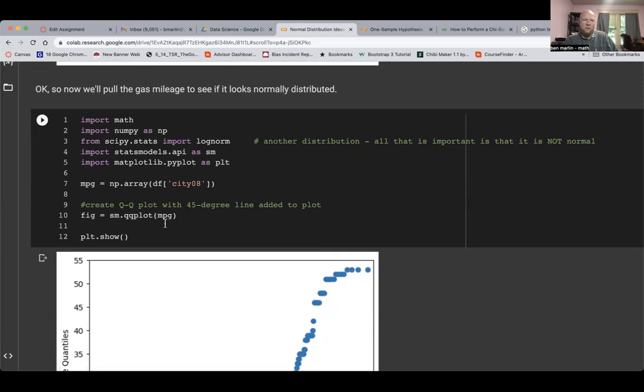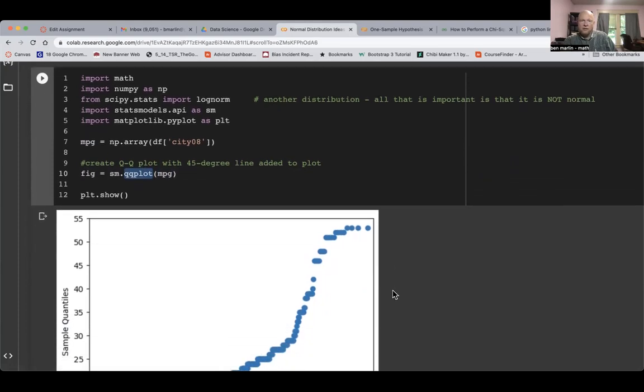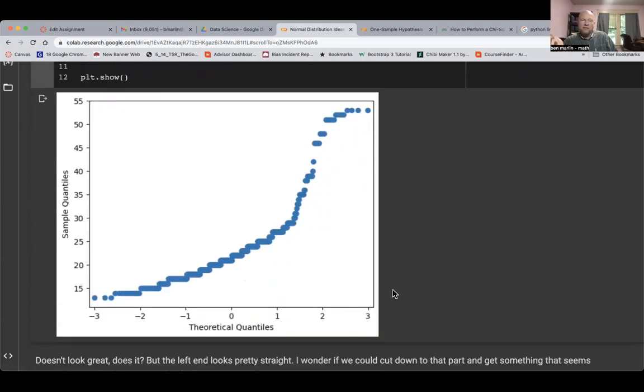And then we're going to throw the miles per gallon portion of the data to one of the QQ plots. And when we do that, we can see it really does not look normal at all, right? But this part here, to the left of about 1.5, looks fairly like a straight line.